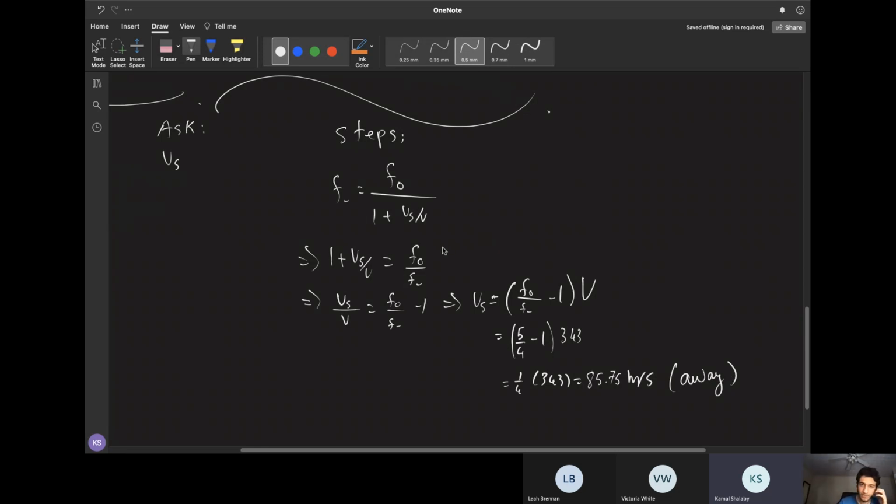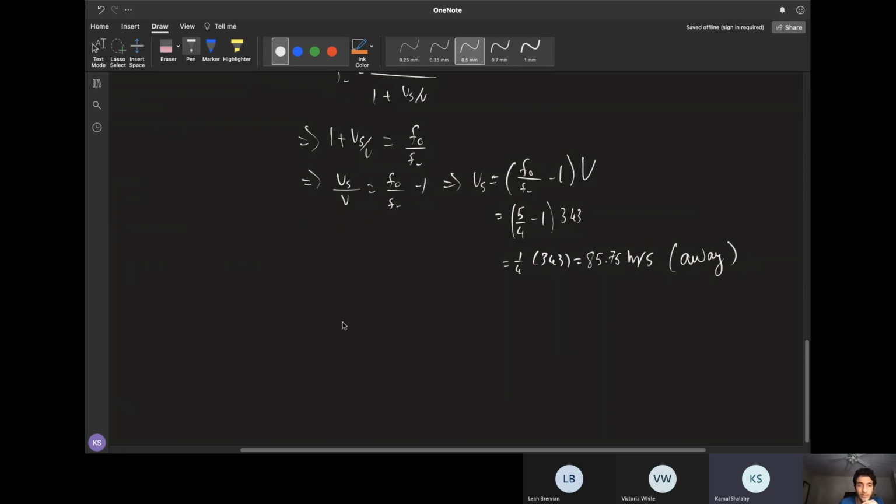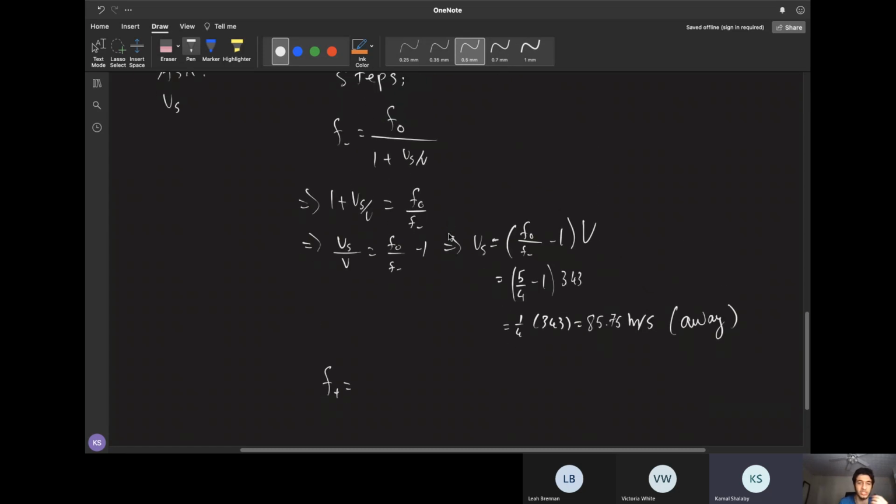But just before we go, this is something I just want to try. What if you use the other equation? Let's see what is going to happen. Let's say you used f plus. I actually don't know if there's any conclusion we can make. I'm just curious what would happen.